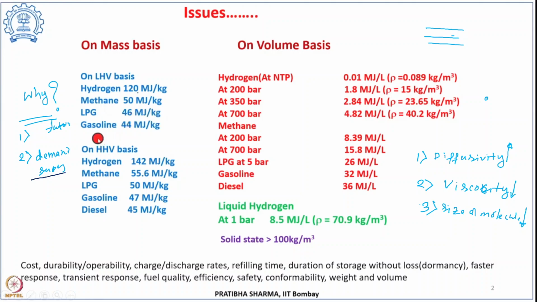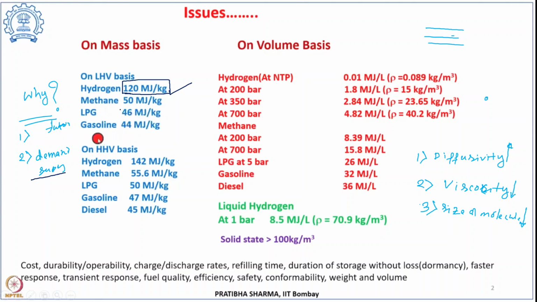Hydrogen has a very good calorific value, higher than any other fuel. It is 120 megajoule per kg, which means from 1 kg of hydrogen you will get 120 megajoule of energy.